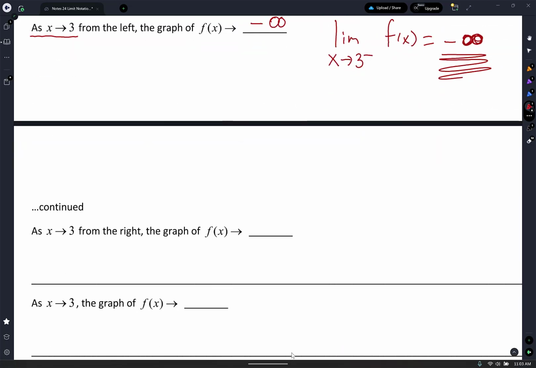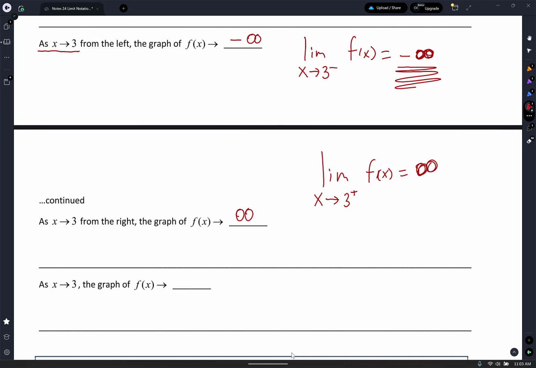So put positive infinity right here, guys. So then write, what am I going to write? Limit, as x approaches 3 from what side? So put a plus symbol on the upper right-hand corner of f of x equals infinity. Are we okay?